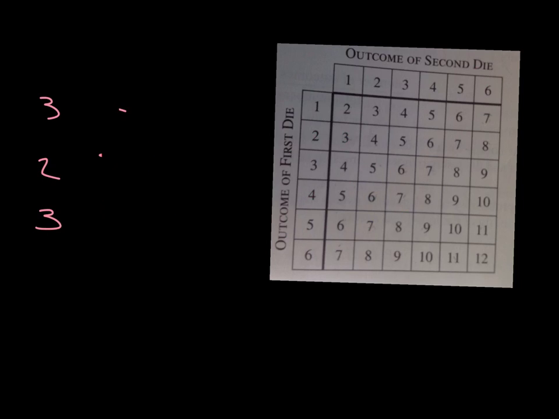Alright, so that's where this table comes in handy, because I can just look at how often 7s occur here, count them up, and say, oh, 6 times I'm going to get a 7. Well, 6 is not a probability, because remember, the number you get for a probability has to be between 0 and 1. So how many possible options do I have? Well, if you count all of these numbers, those are the possible options, there's 36.